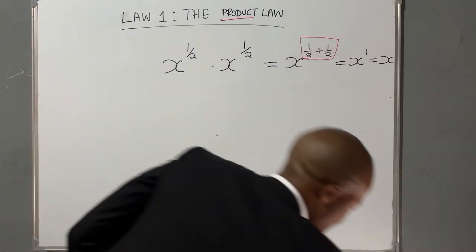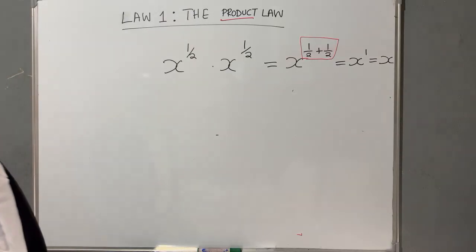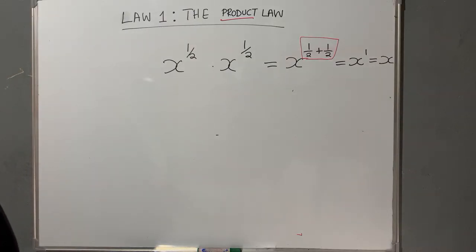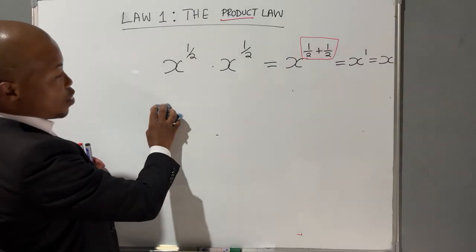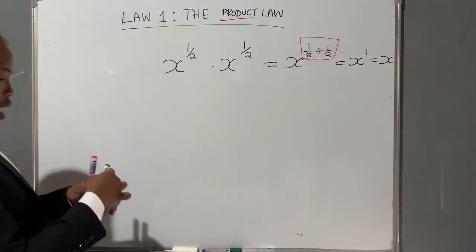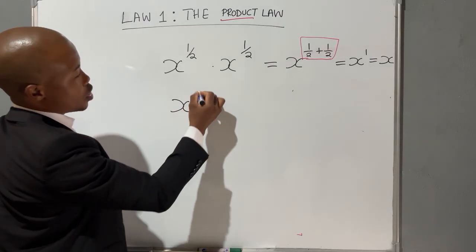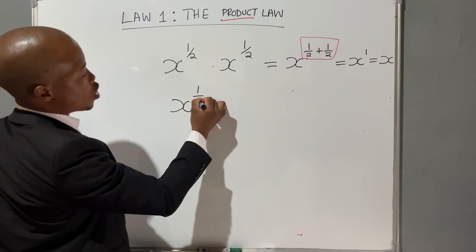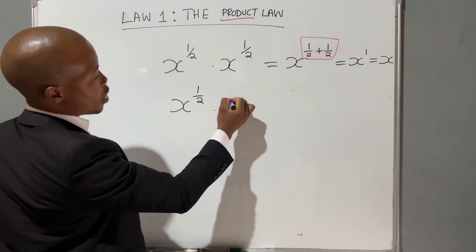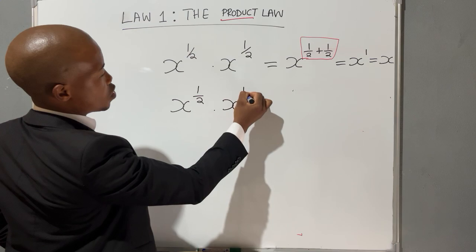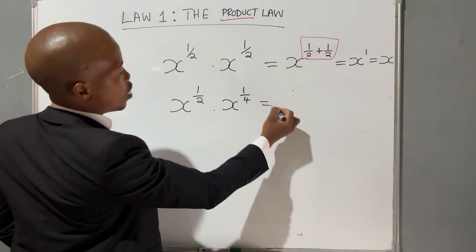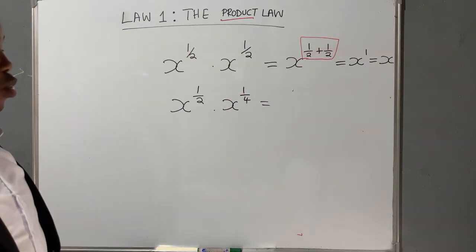Now, let's erase this one, right? And now let me give you another question regarding these fractions. Maybe you can do this one. Let's say you have x to the exponent 1 over 2 multiplied by x to the exponent 1 over 4. Remember I said you simply just do what?